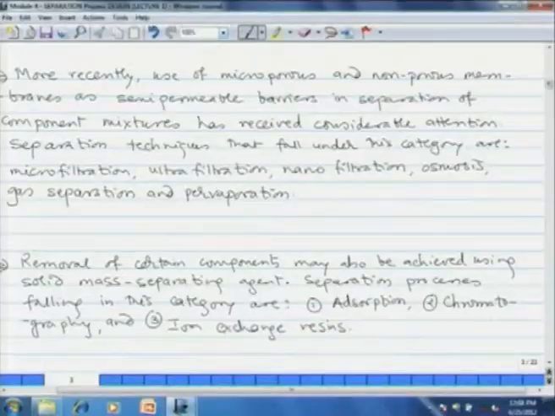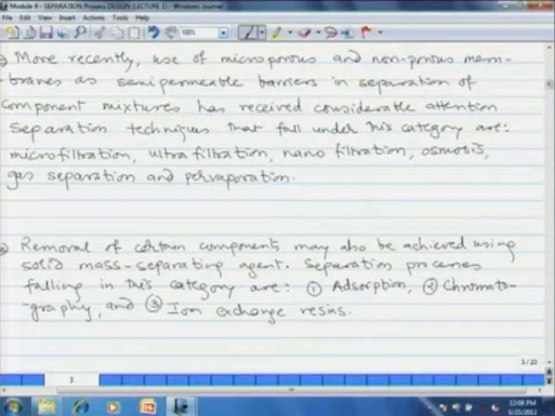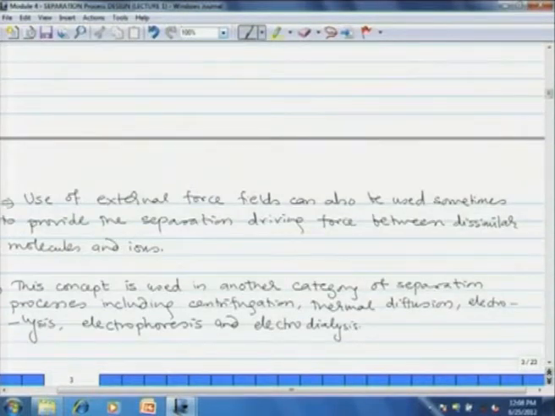Removal of certain components may also be achieved using solid mass separating agents. The separation processes that fall in this category are adsorption, chromatography and ion exchange resin. The use of external force field can also be used sometimes to provide the separation driving force between dissimilar molecules and ions.